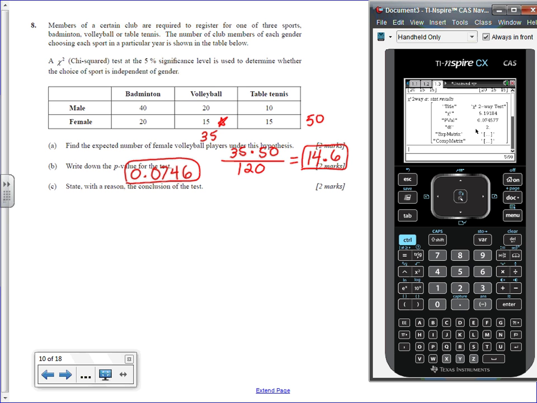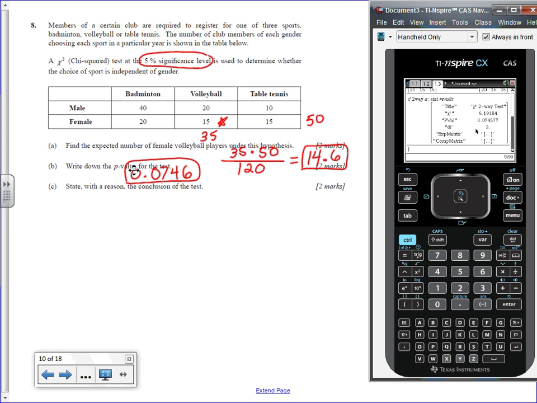And then we're going to state with a reason the conclusion of this test. I calculated the p-value. I have the significance level. That's given right here. So that means I have to do the p-value and significance level comparison, not the chi-squared comparison. Chi-squared needs to be compared to a critical value, which is not given to us in the question. You can't get a critical value from your calculator. You can only get it from a table of critical values, and they don't show it to us here. So we have to use the p-value.